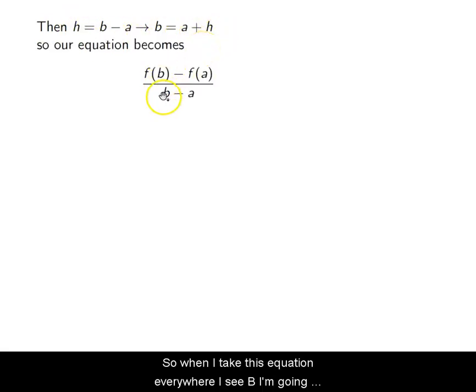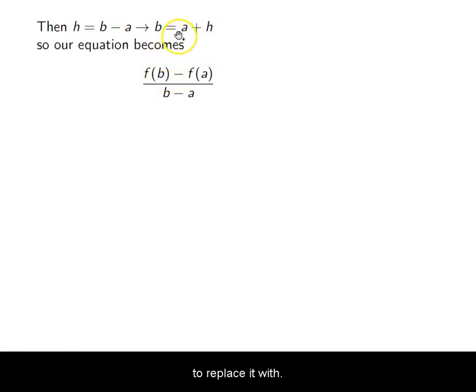So when I take this equation, everywhere I see B, I'm going to replace it with A plus h. So f of B turns into f of A plus h. I have minus A. Here, B turns into A plus h. So A plus h minus A is just h.